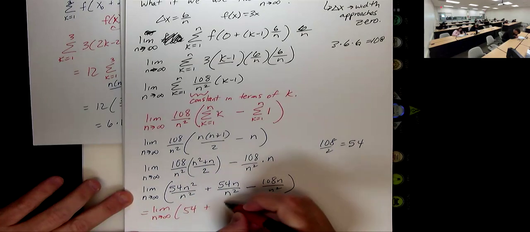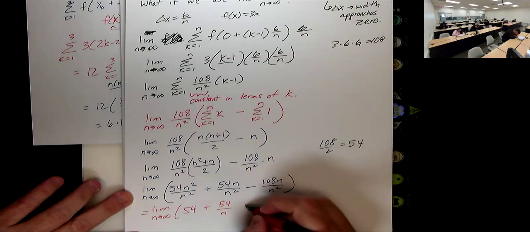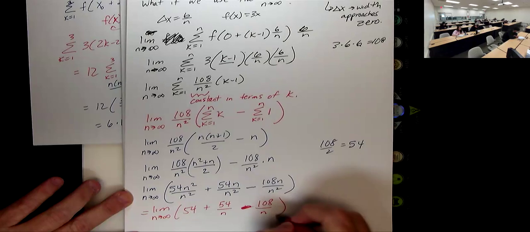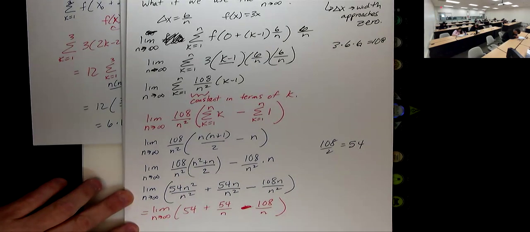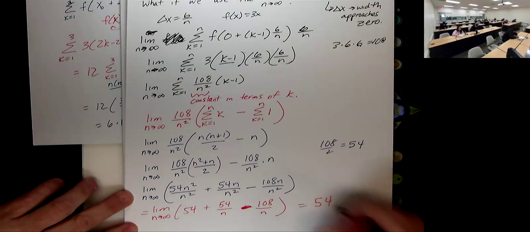After we simplify, the limit here is just 54, right?